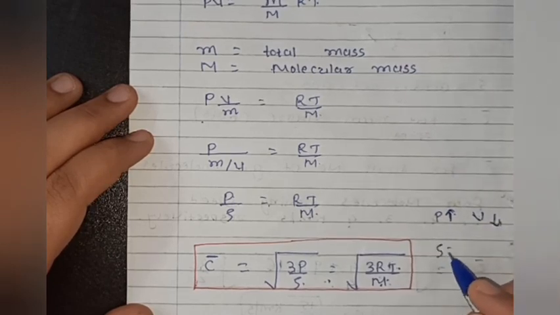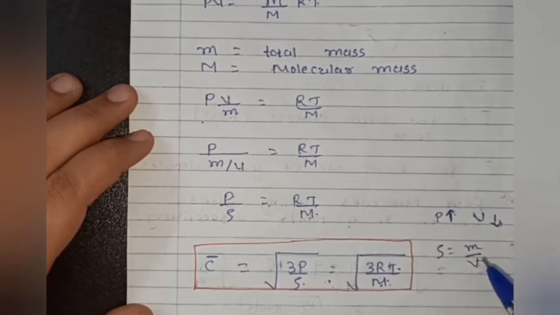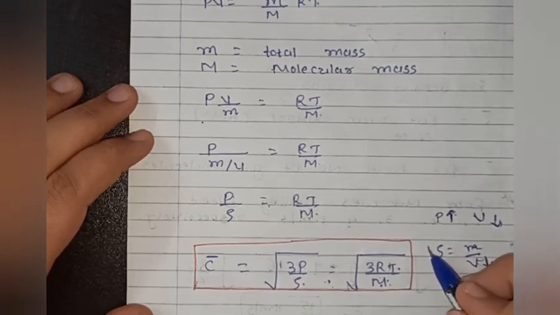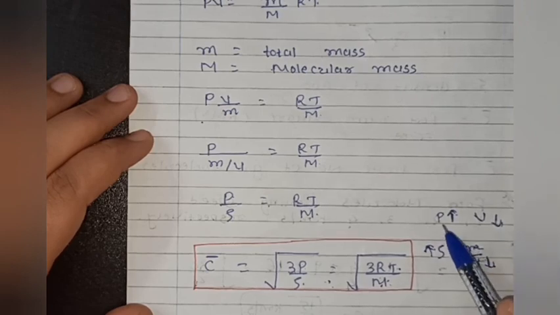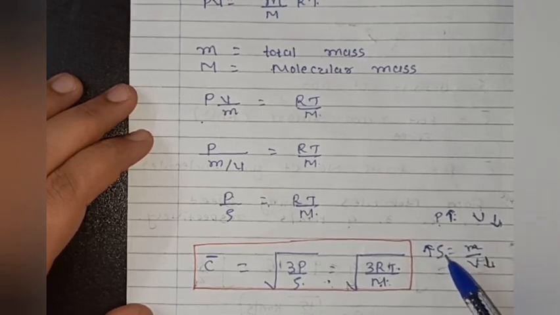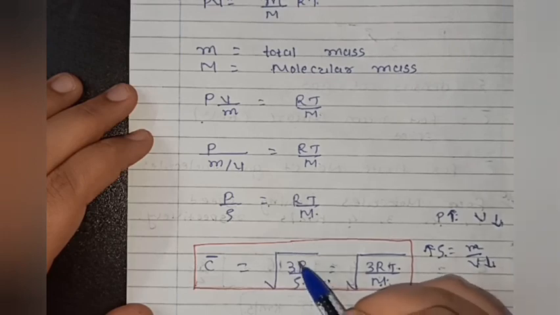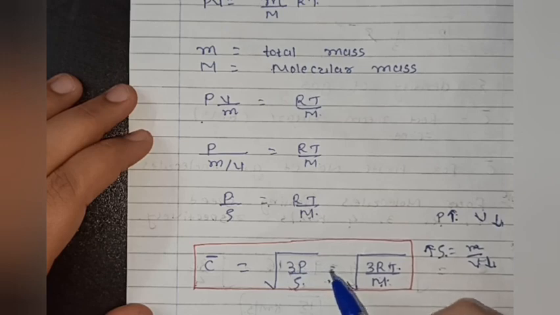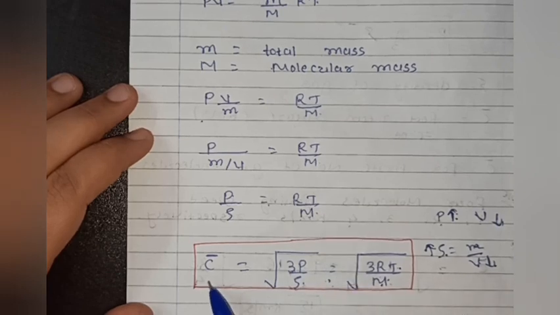We know that density is equal to mass upon volume. Mass remains constant and volume is decreased, so density will increase. So as pressure is increased, density is also increased. In that case, this pressure and density ratio will not change. So remember, RMS speed is independent of pressure or density, because if pressure increases, density will also increase, and if pressure decreases, density will also decrease.